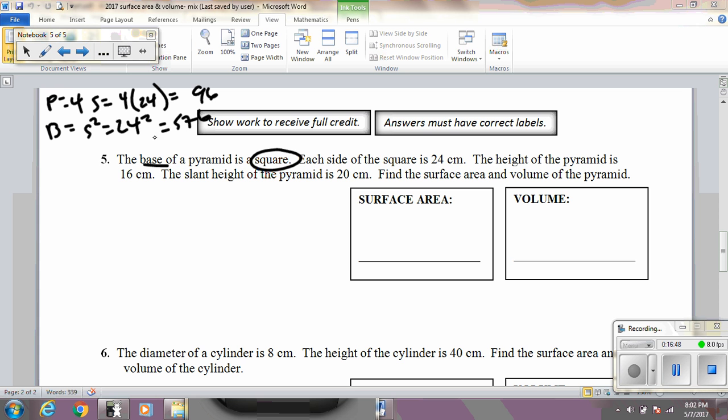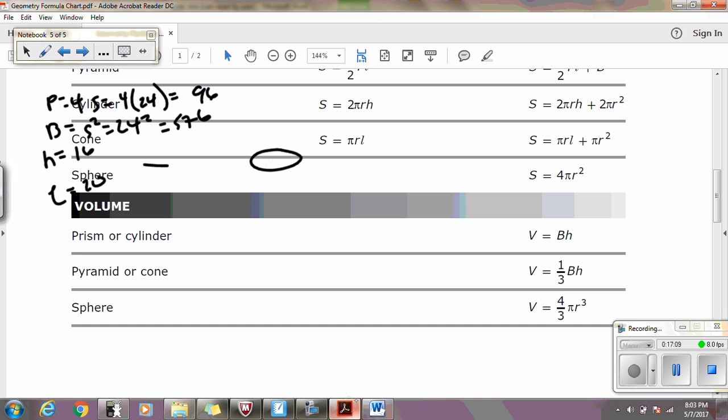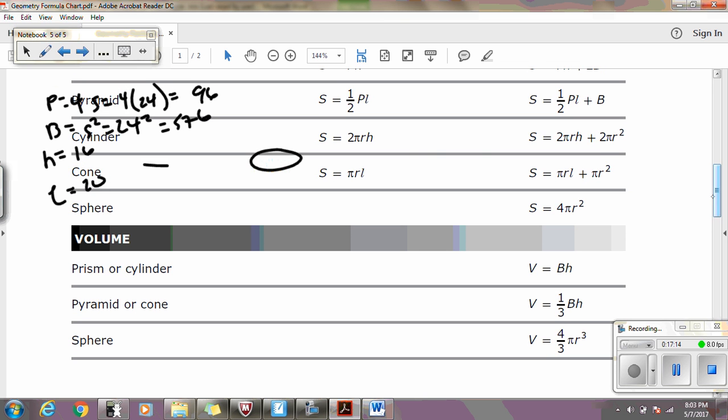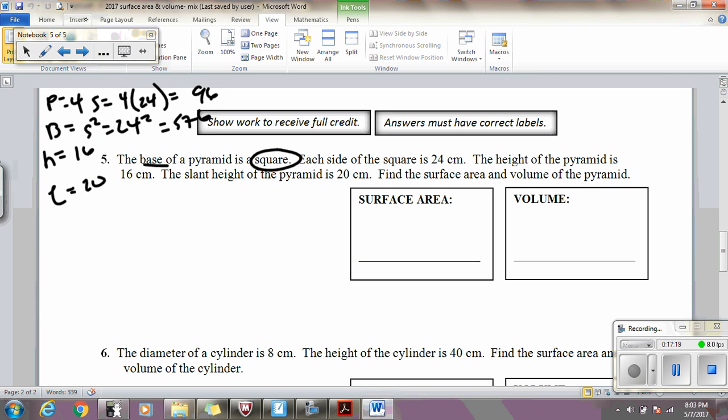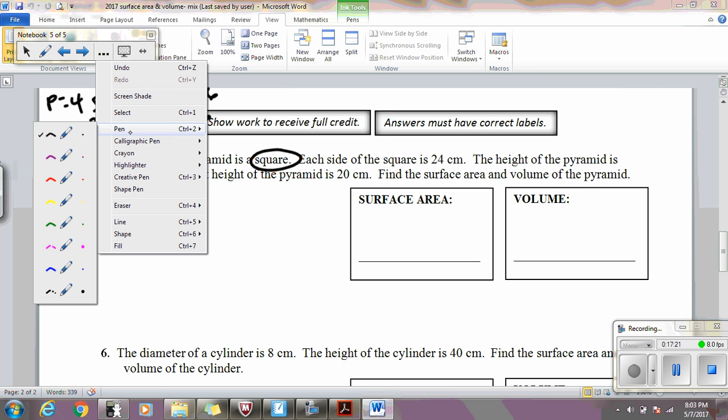I'm gonna have to double check that one. It says the height, which is h, is 16, and the slant height is 20. That's an L, not an E. So let's look at the formula chart. For pyramid, it's 1/2 PL plus B for the surface area.